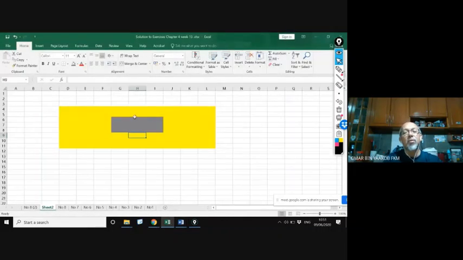Okay, so this is 20 meters, and this is 5 meters, and this is 5 meters, because there are actually 2 tanks here. There is 1 tank and 2 tanks.